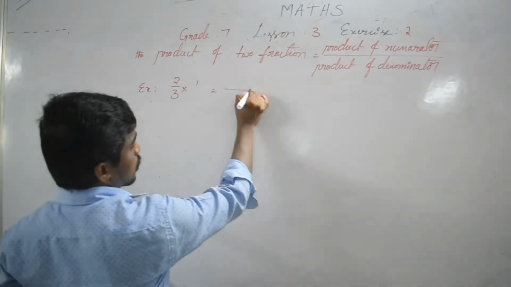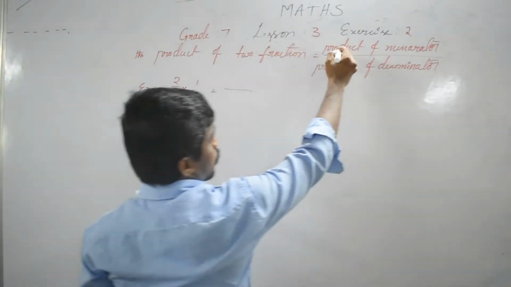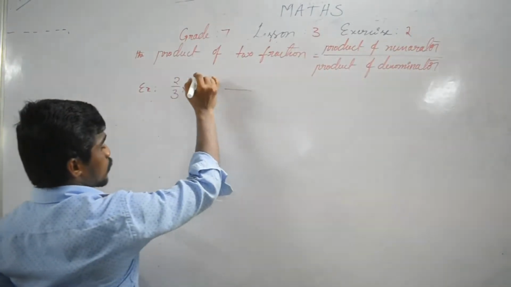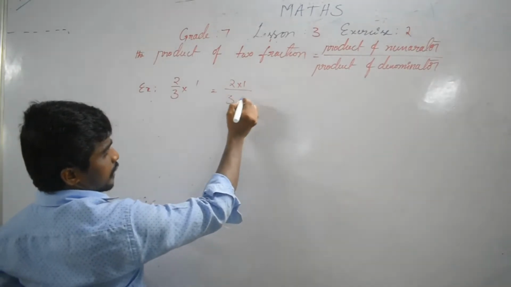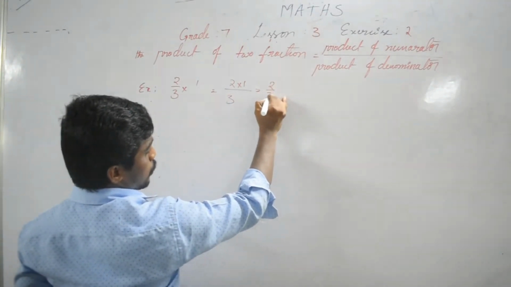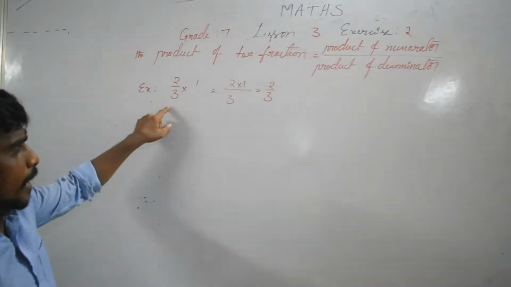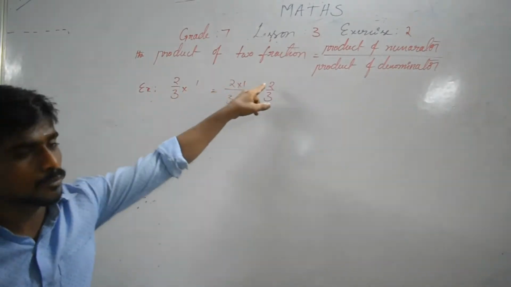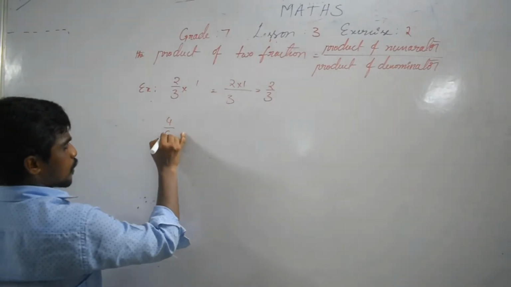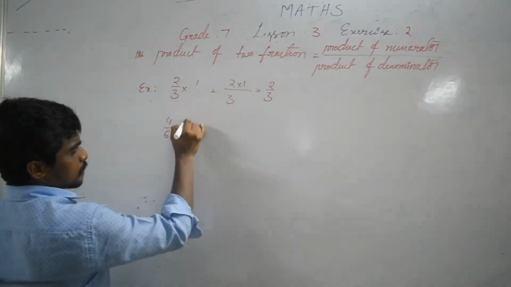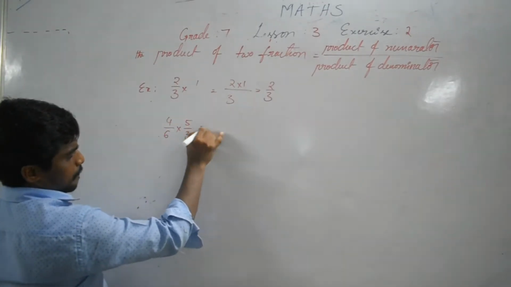The product of the numerators is 2 times 1, and the denominators 3 times 2. Next one, 4 by 6 times 5 by 3.